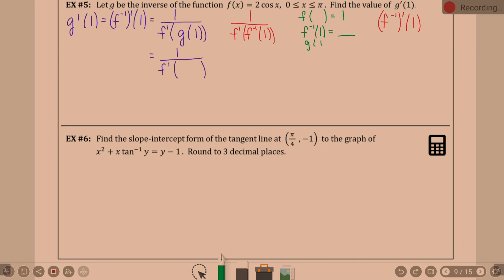I need to find f of what equals 1. So yes, we're going to take 2 cosine x, which is f, and set equal to 1. I'm going to solve for cosine x. So cosine x equals 1/2, right? At what x value is cosine equal to 1/2?